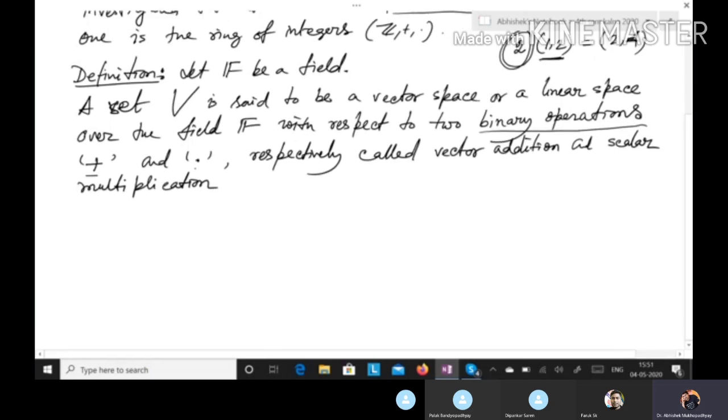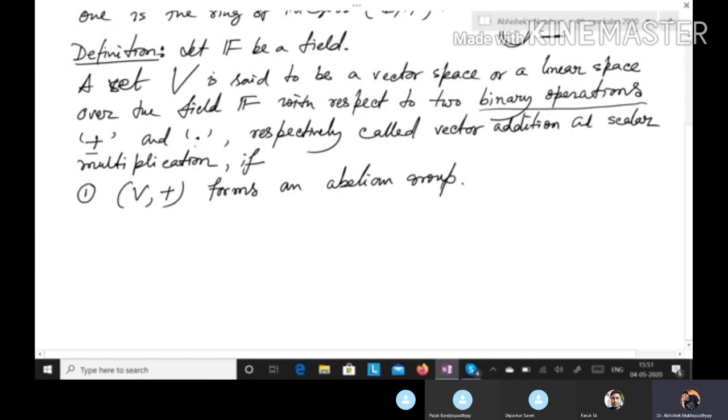And they will satisfy, number one, with respect to this vector addition, the set V with plus forms an abelian group.